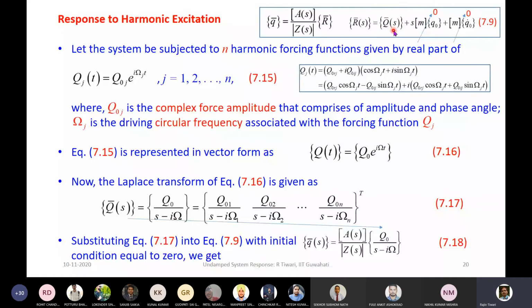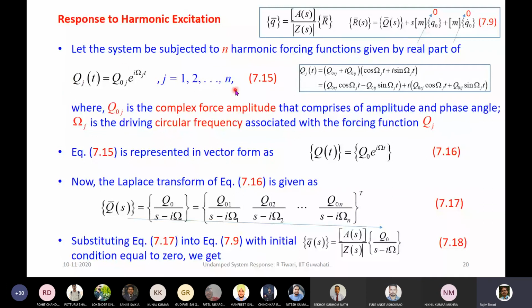Here we are considering the simplest force, the harmonic excitation, which is some kind of sine or cosine function. So this is the force represented.